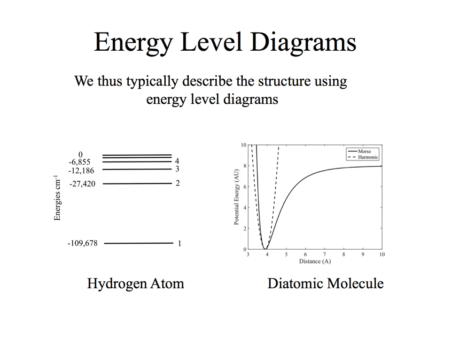So, for instance, for the hydrogen atom, the energy of the lowest state, in comparison to the fully ionized state, is minus 109,678 inverse centimeters, and we'll talk about the units here, but units of inverse centimeter are commonly used to describe energies in the chemistry and physics world.